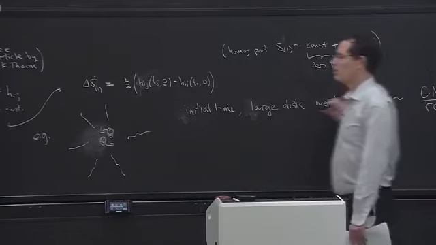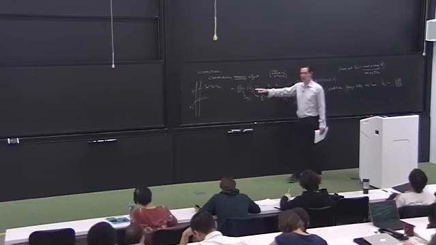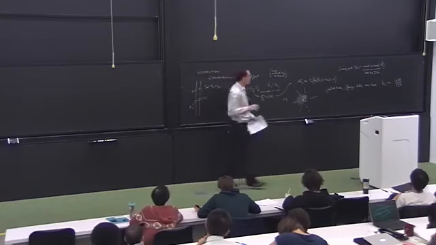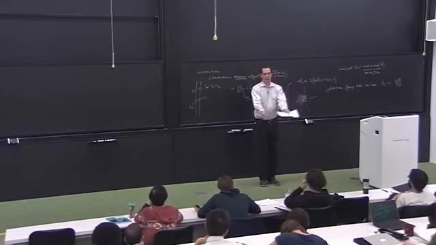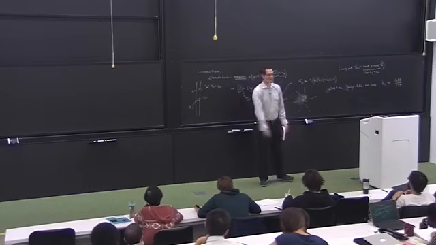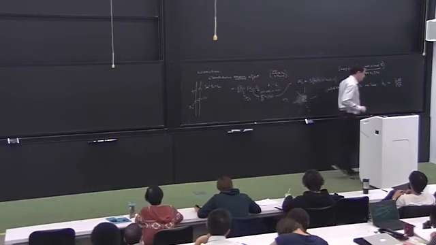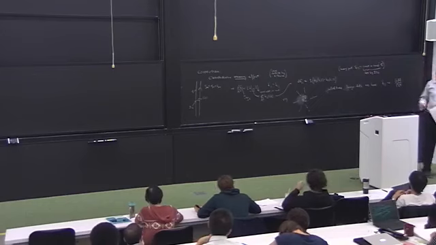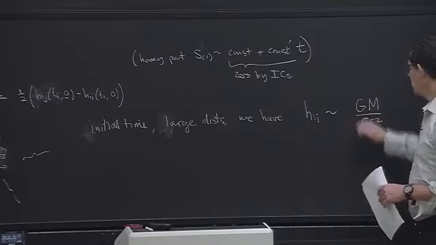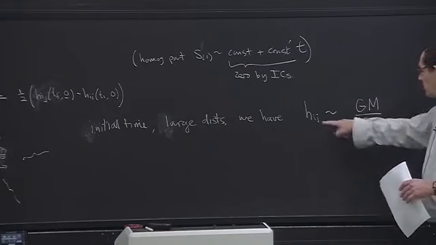Remember, we're working in coordinates which are transverse traceless. When we derived the metric of a spherical object at large distances, we did that in another coordinate system, the Schwarzschild coordinate system. But in both cases, the metric perturbation falls off like this.